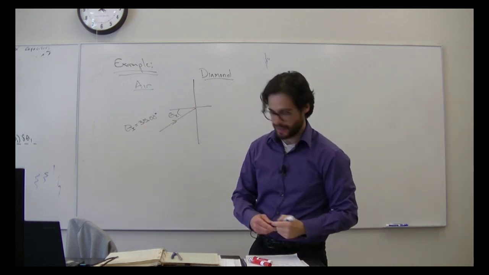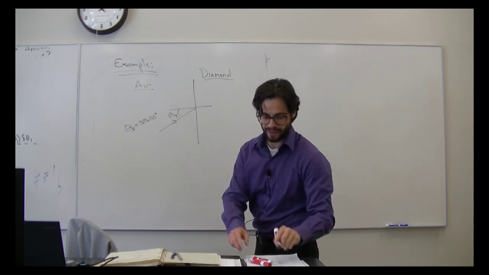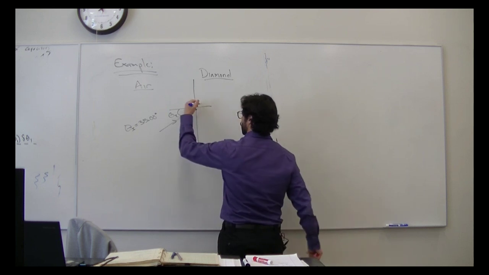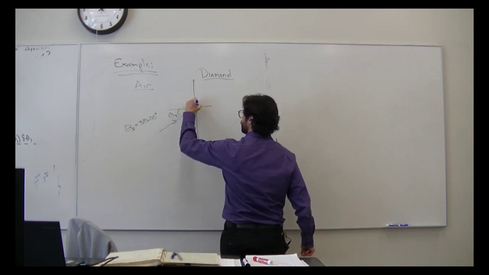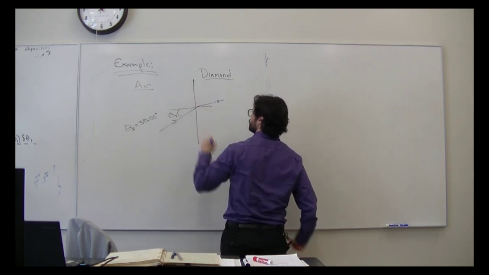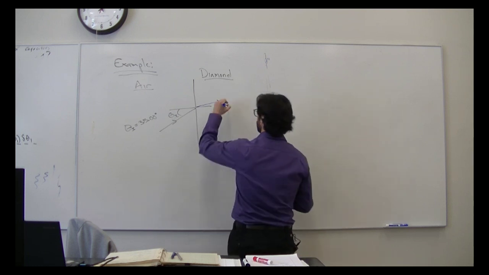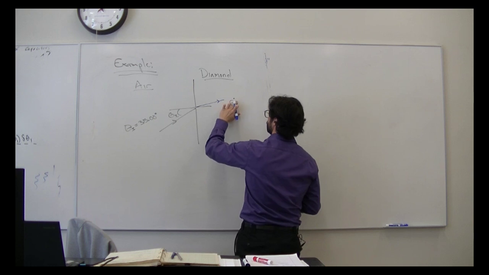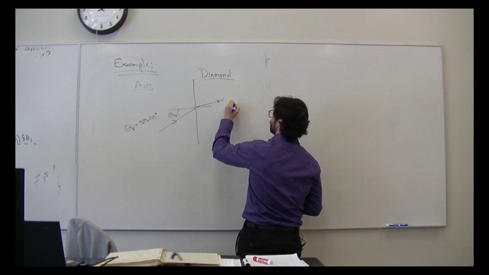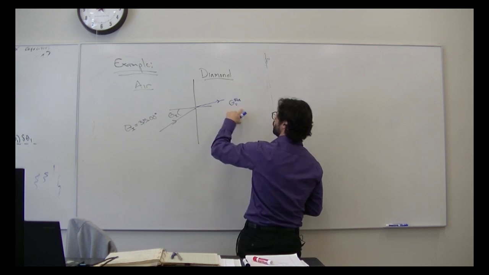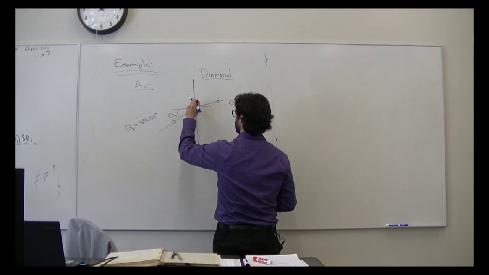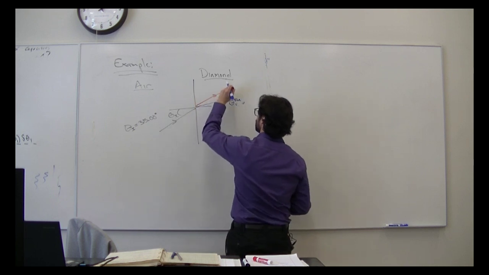And then what I have on the far side, because diamond and air and water and everything else, this is the lie part, I'm going to have blue is going to have its own personal index of refraction. So we'll call this theta blue refracted. And red is going to have its own personal index of refraction.